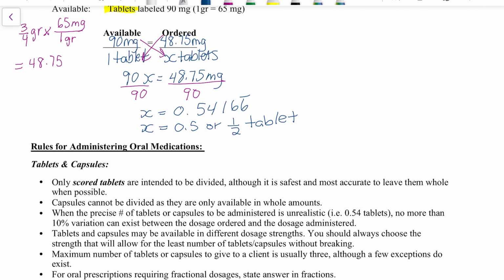When the precise number of tablets or capsules is unrealistic, like 0.54, which is what we had there, you cannot have more than a 10% variation between the dosage ordered and the dosage administered. So whenever you're rounding, you have to look at how you have rounded and how much medication that's going to give them, and it can't differ by 10%.